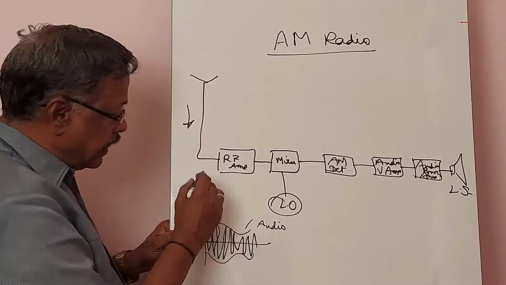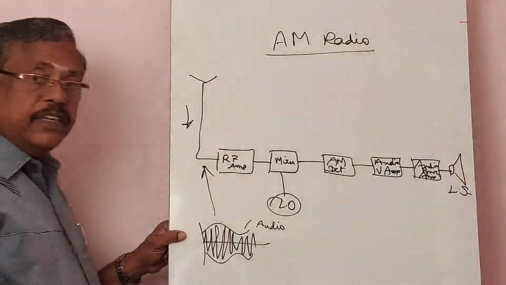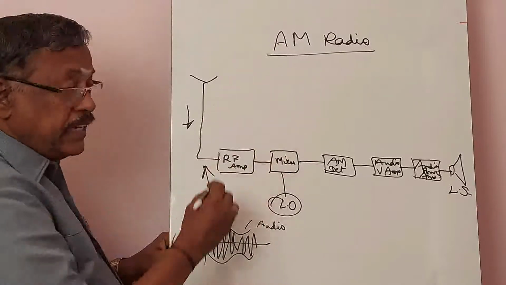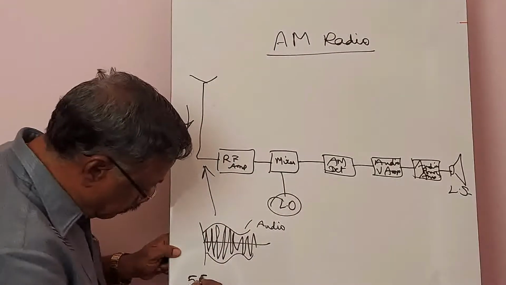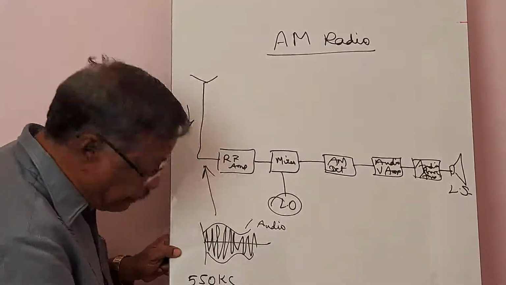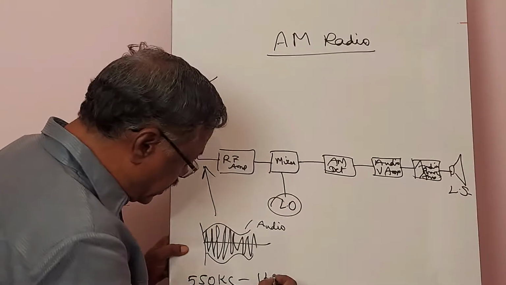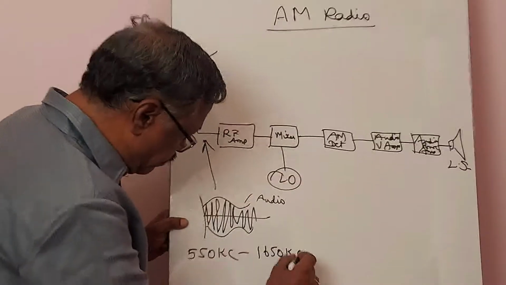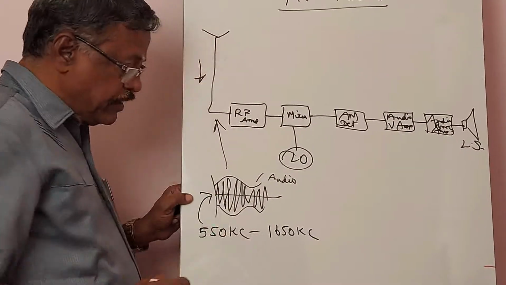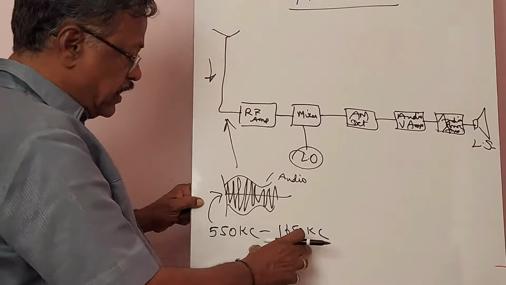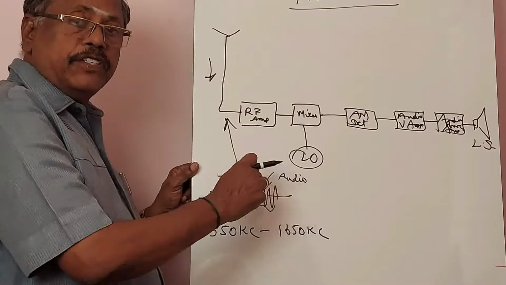Therefore, this is the signal which is received at the input of the RF amplifier. As it is an AM wave, this frequency may be from 550 kHz to 1650 kHz. The actual inside frequency is this, very high frequency. There are a number of stations within this.